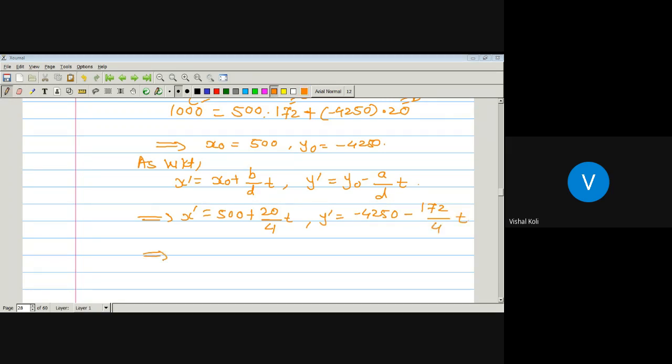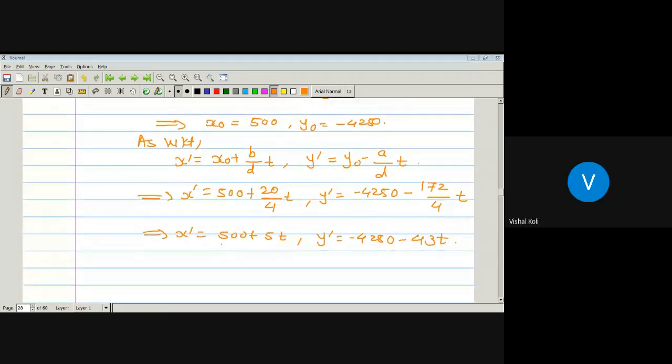So which is nothing but x dash is equal to 500 plus 20 divided by 4, which is 5 times t. Y dash is equal to minus of 4250. What is 172 divided by 4? Which is 43.